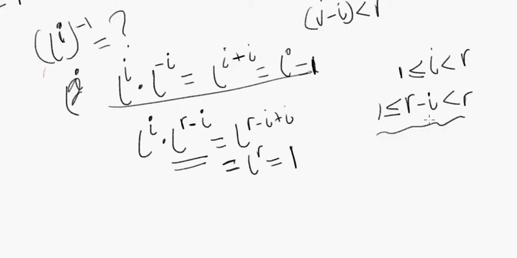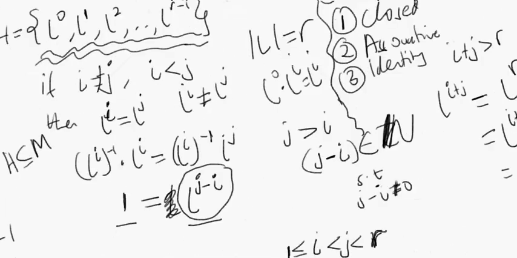If you buy this idea, then can't we say that the inverse, L to the I inverse, is just equal to L to the R minus I, right? So can we claim that we have inverses?